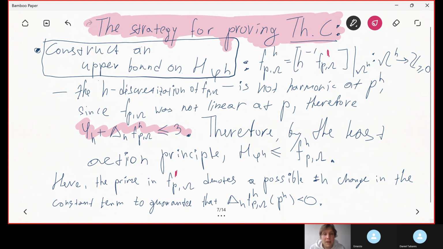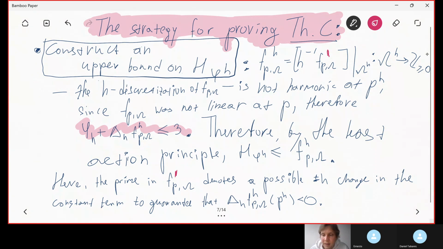But this changes this bound really just by h. So I simply omitted it. I wrote below that this prime denotes a possible plus minus h change in the constant term, and h is small, so it doesn't really matter for the upper bound. Okay, that was the upper bound.